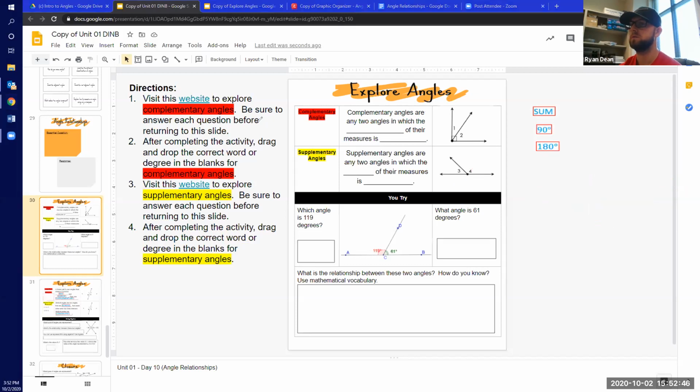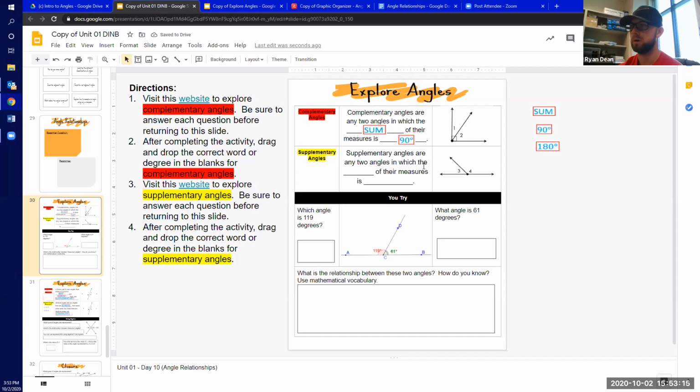These two topics are one of the things that most people get very confused with. Complementary angles, it doesn't matter if they're adjacent or non-adjacent. These can be any two angles in which the sum of the angle measures is equal to 90 degrees.